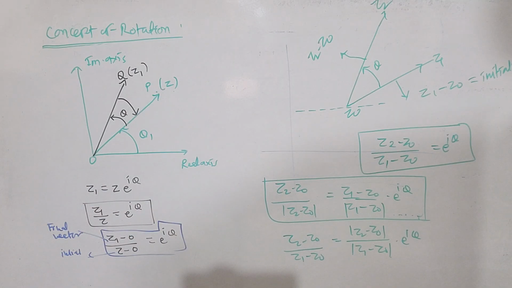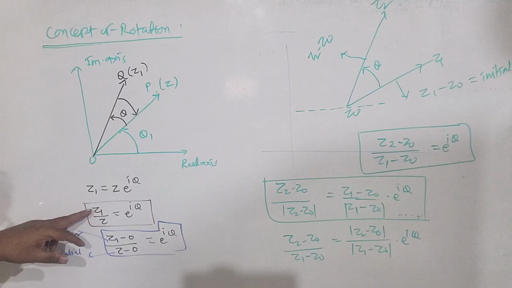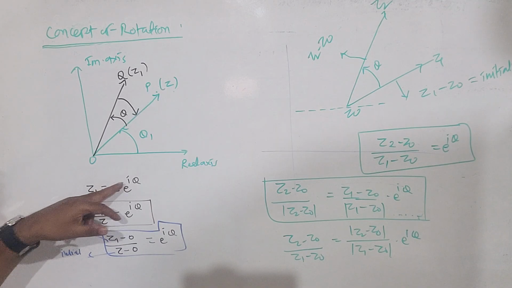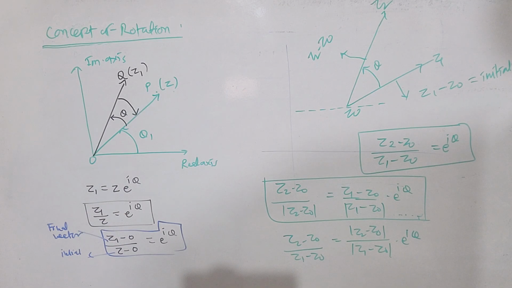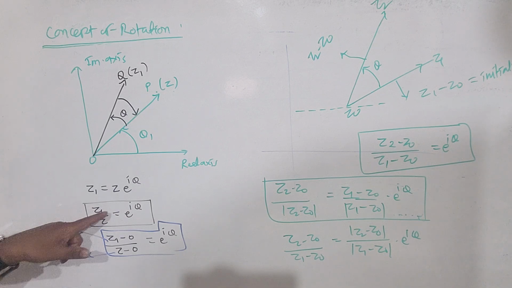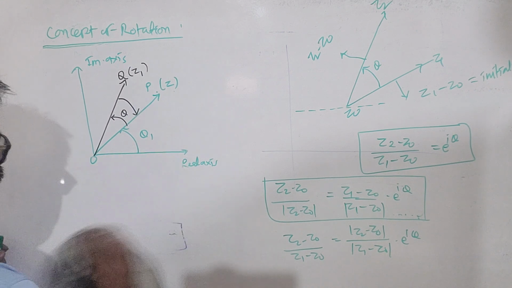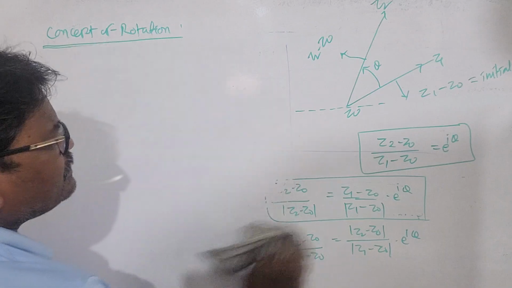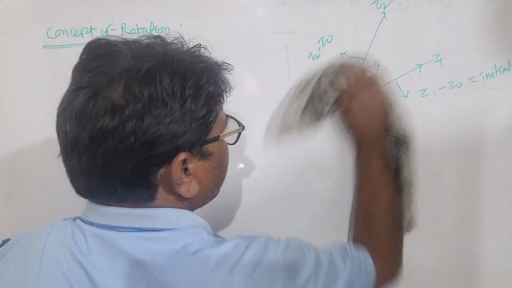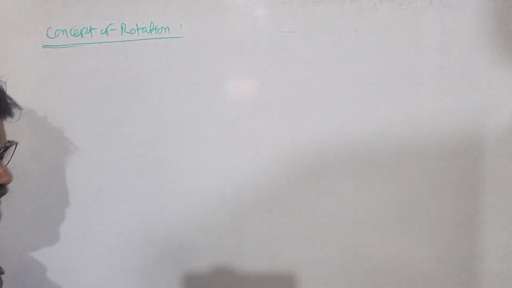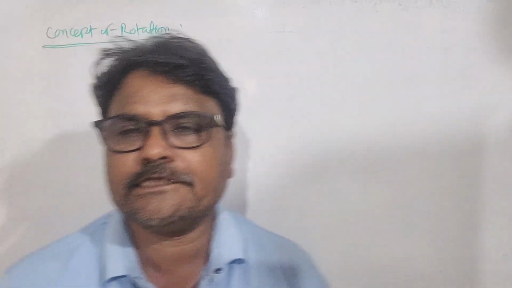Similarly, here also we have the same modulus, therefore I can write z1 equals z into e to the power iota theta. Otherwise, I can write modulus of z1 divided by modulus of z like that. So this is all about the concept of rotation of complex number. We learn mainly that we are rotating the complex number about the origin, or about a fixed complex number z naught.